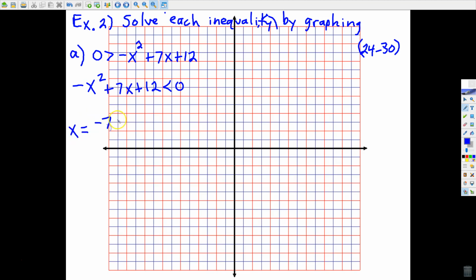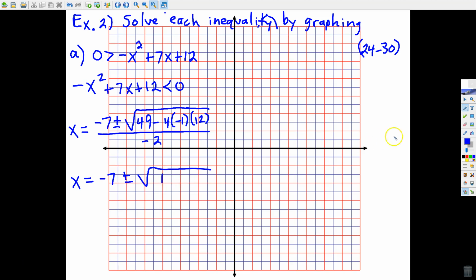Opposite of b plus minus square root of b squared minus 4 times a times c all over 2 times negative 1, negative 2. Simplifying underneath the radical, we got 49 plus 48. I believe that's 137. Is that right?